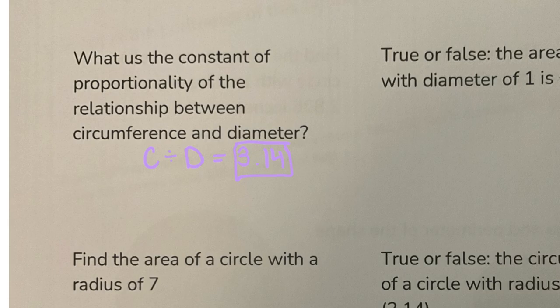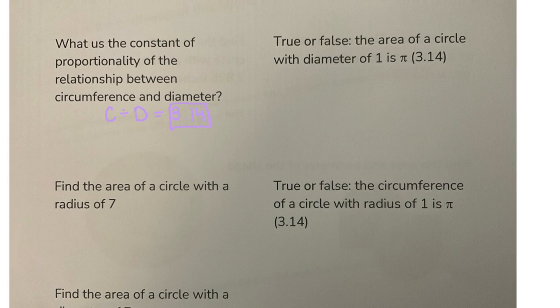The next question, let's just go over to the right side here. True or false? The area of a circle with a diameter of 1 is equal to pi. So they want us to know if our radius times radius times pi is equal to pi or not. So first we have to find our radius.